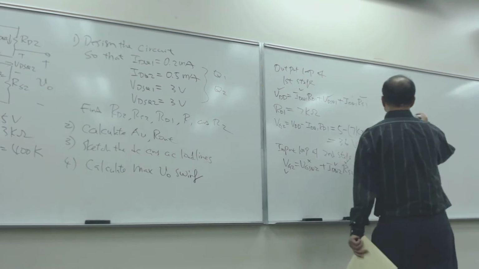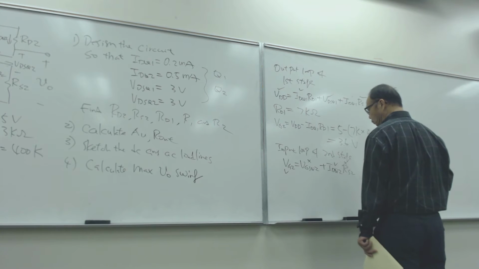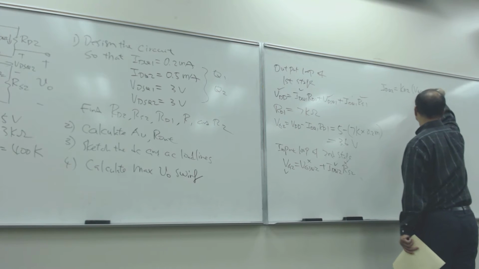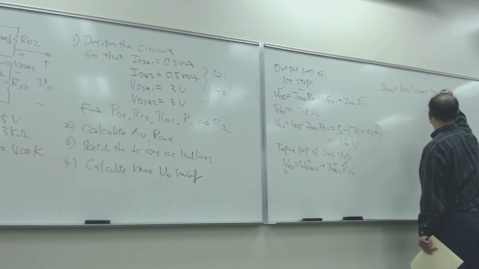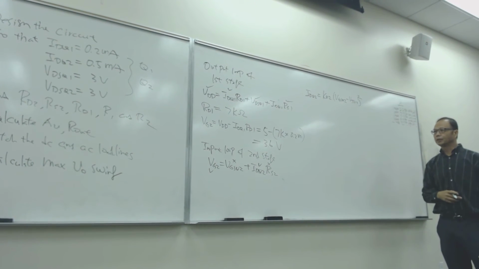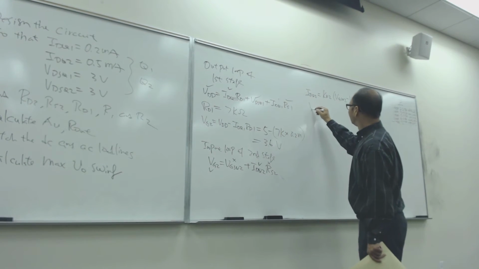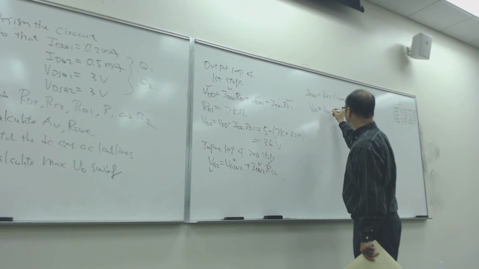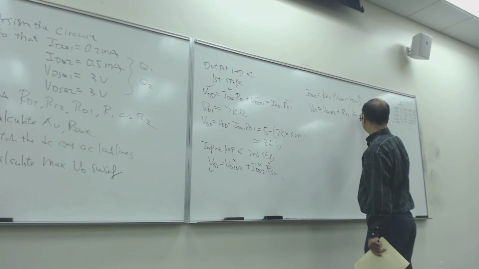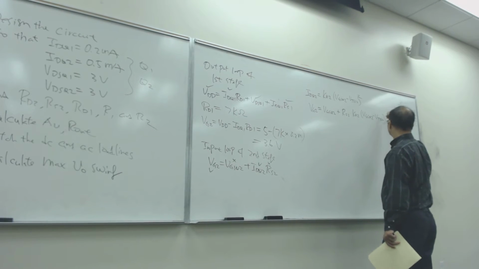But we can write IDQ2 as a function of VGSQ2, yes? KN2 (VGSQ2 minus VTN2) to the square, yes? If I assume the circuit is in saturation, yeah? So I put this in here, I get VG2 equal to VGSQ2 plus RS2 times KN2 (VGSQ2 minus VTN2) to the square, right?